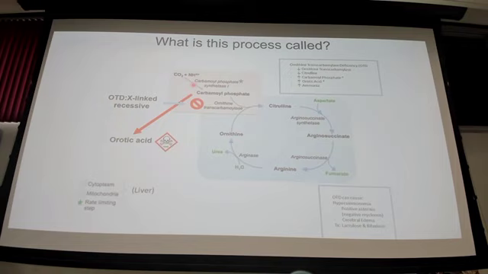So the urea cycle occurs in the liver. The first two steps occur in the mitochondria. That first step, the carbamoyl phosphate synthetase 1, is the rate limiting reaction of the urea cycle.